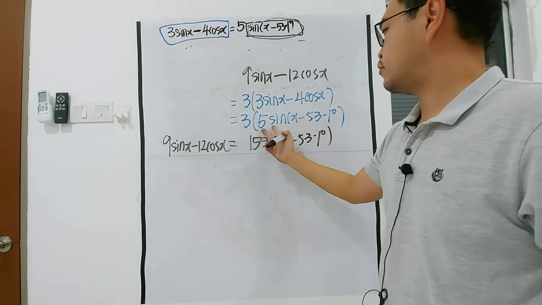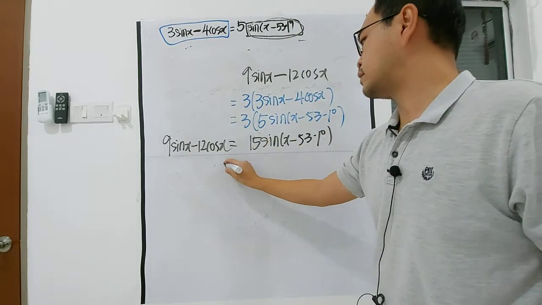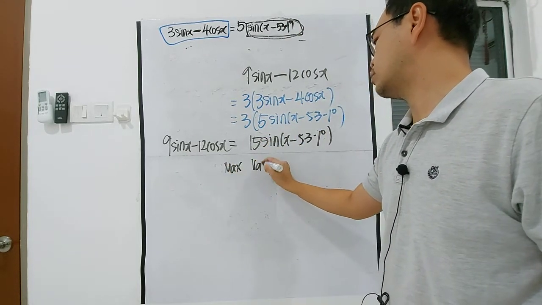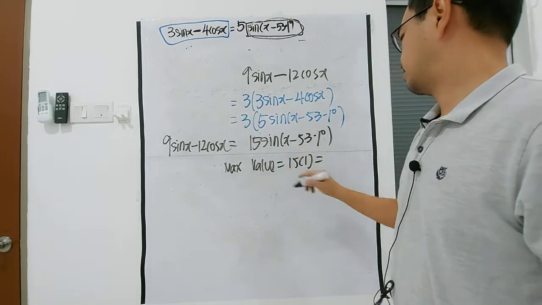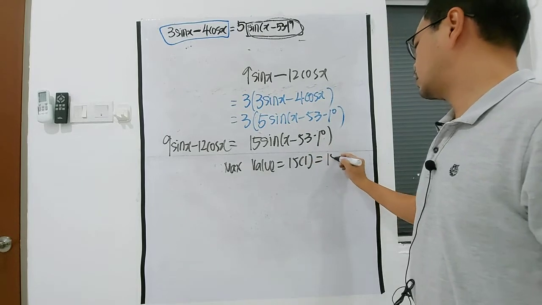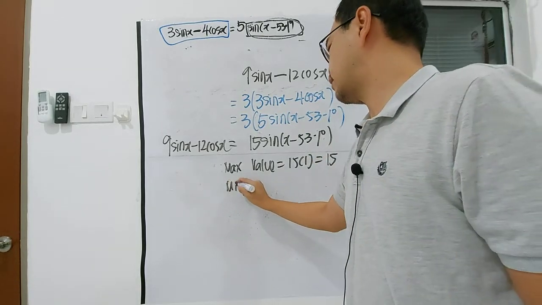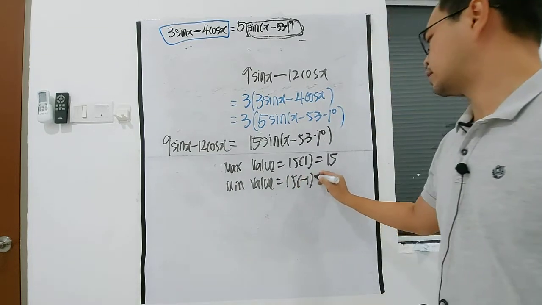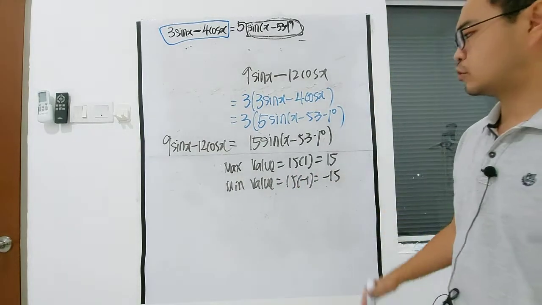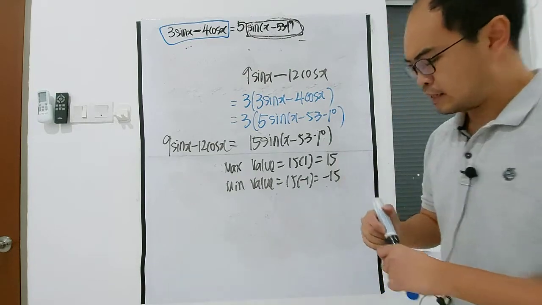So 3 times 5 is 15. So from here, what's the maximum value? For the max value, you just plug the 1 inside because you know it's 15, and for the minimum value you just put negative 1, so you get negative 15. So the maximum is 15, minimum is negative 15.